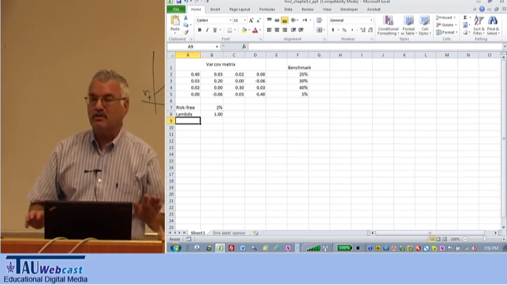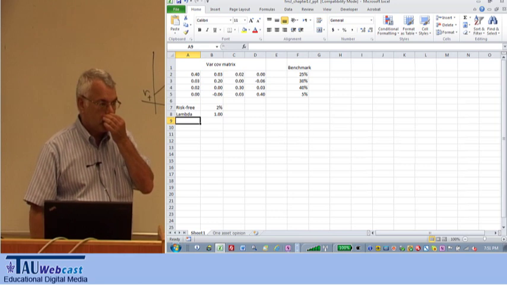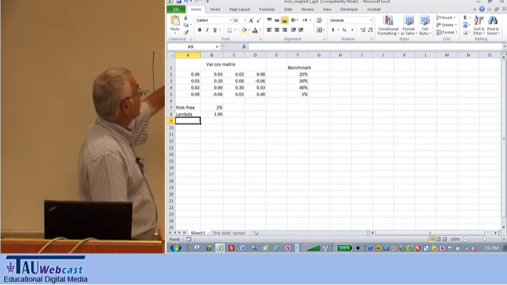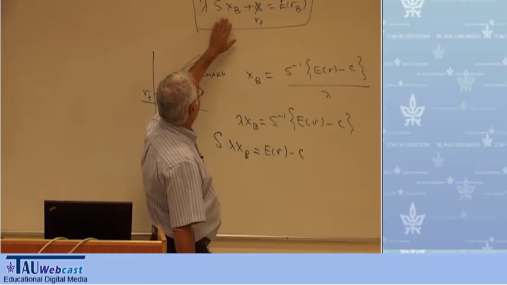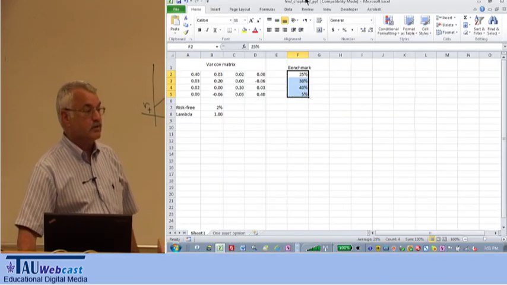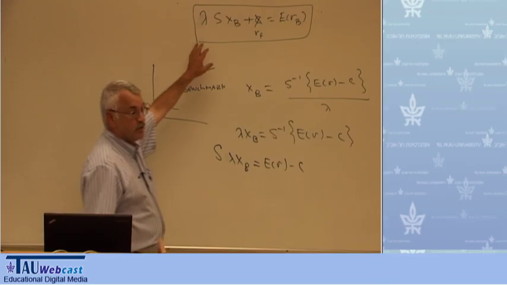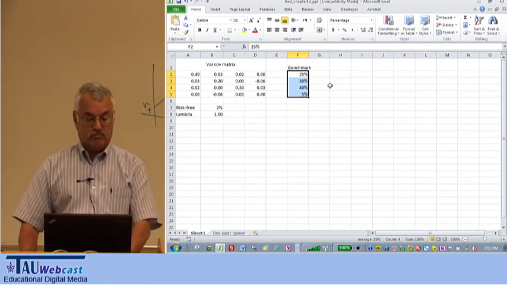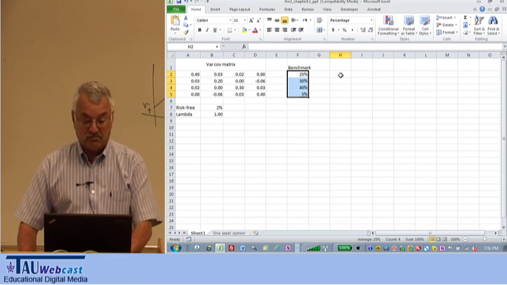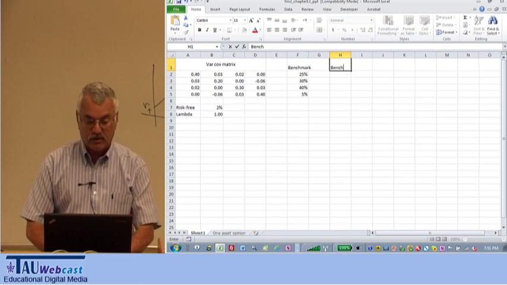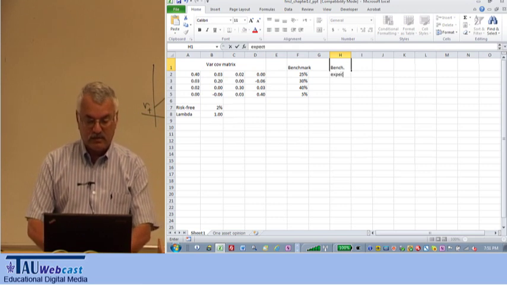For the moment, I'm going to assume that lambda is 1. I'll change it in a few minutes. Okay? So lambda is 1. I know the risk-free rate. I know the benchmark proportions, because there is the benchmark. Okay? All I need to do is write out this equation. So I'll write it over here. I'll call this benchmark expected returns.